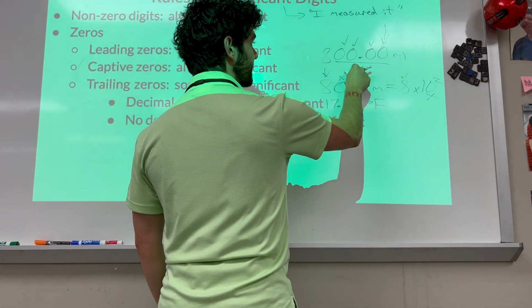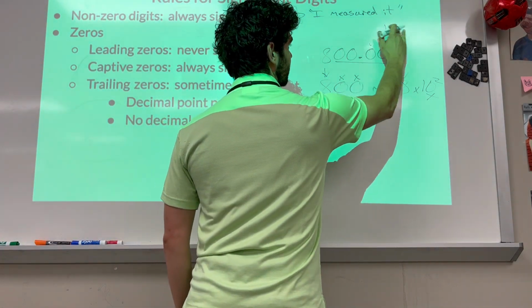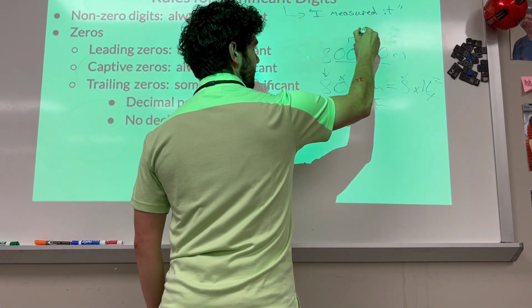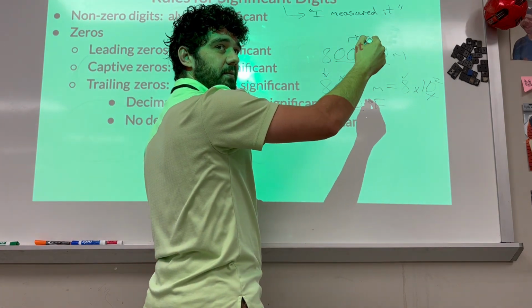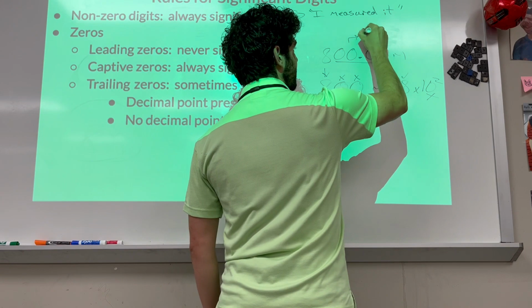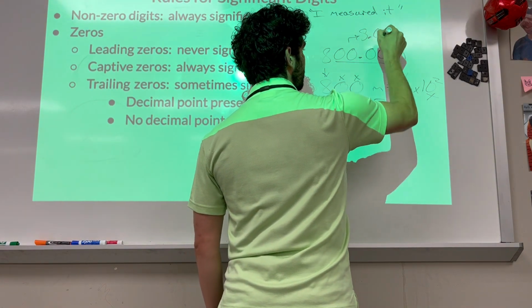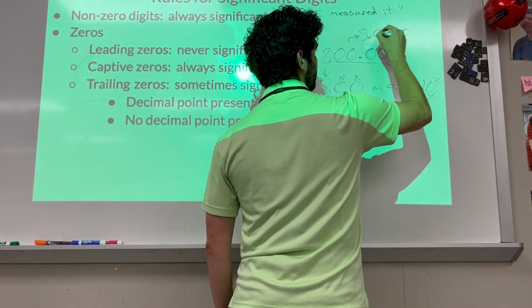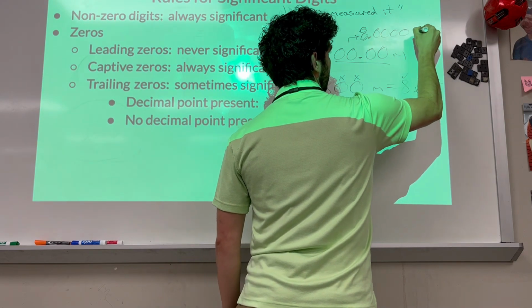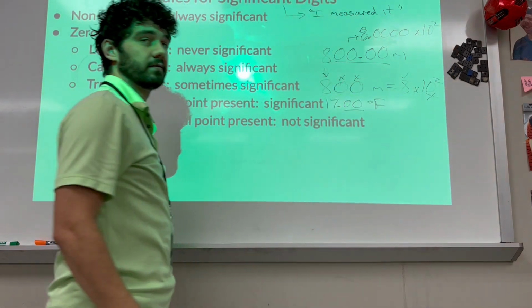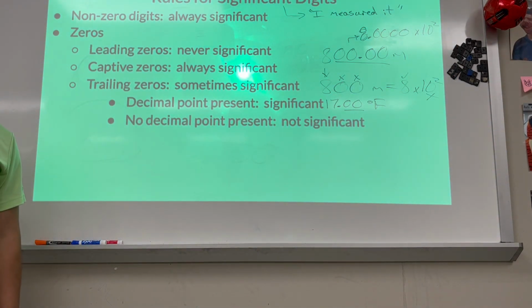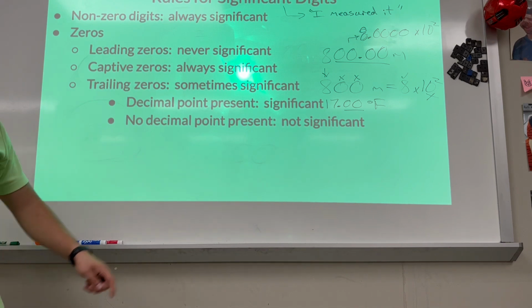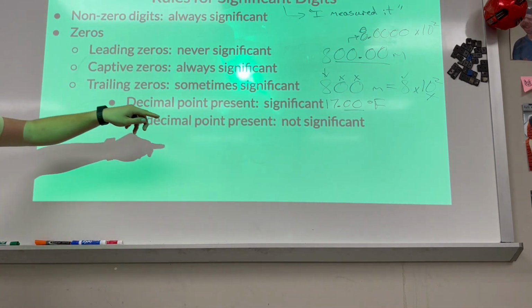How would I write this in scientific notation? Basically the same thing, 8 times 10 to the whatever. But look at this. If I wanted to communicate the same level of precision, I could do that. Does this still follow the rules here?